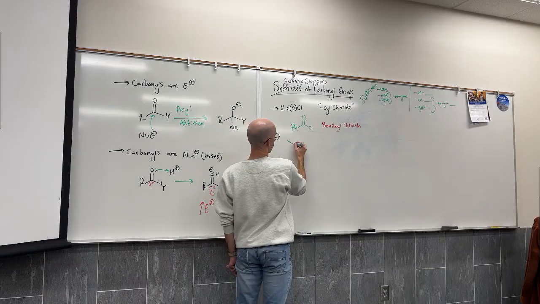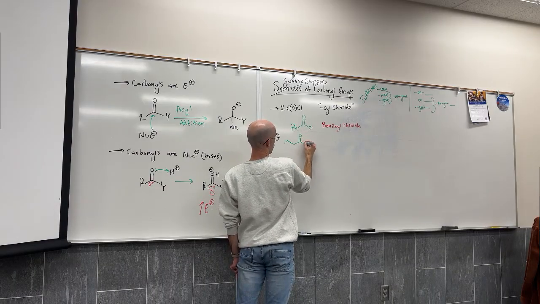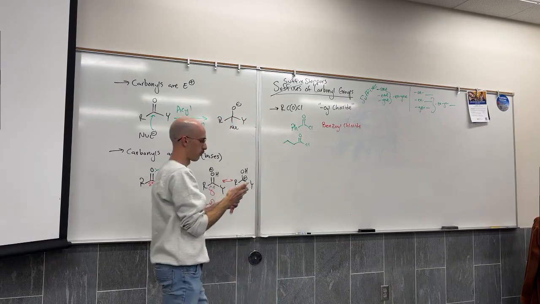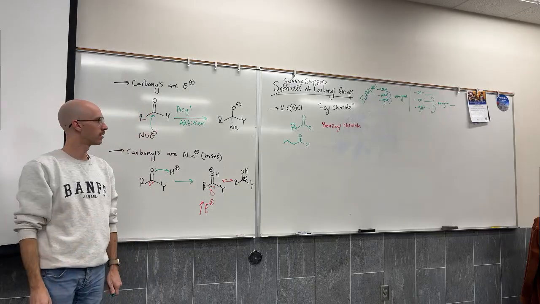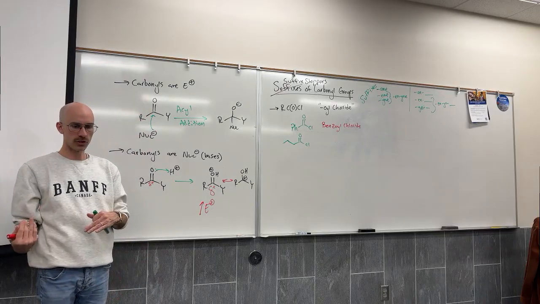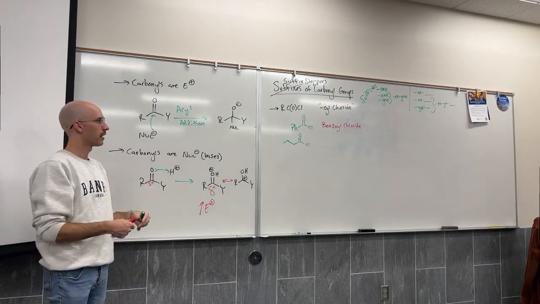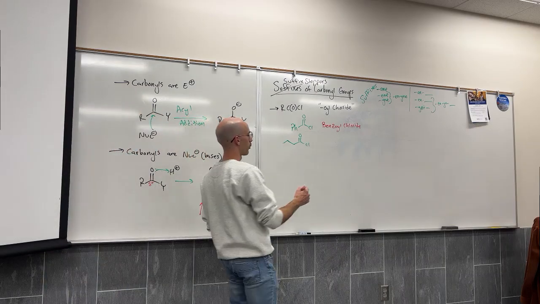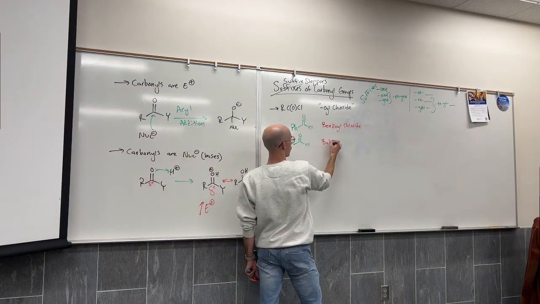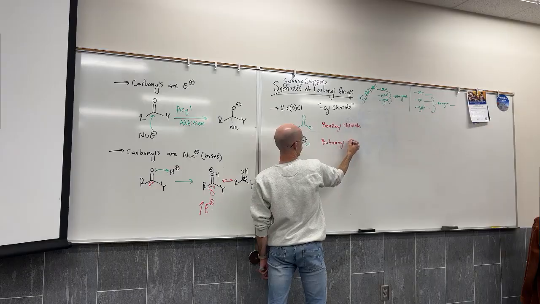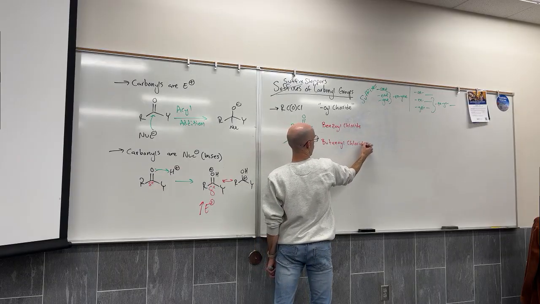Let's look at another similar one, but one with a more common root: a butane chain with an acid chloride. Butanoyl chloride.